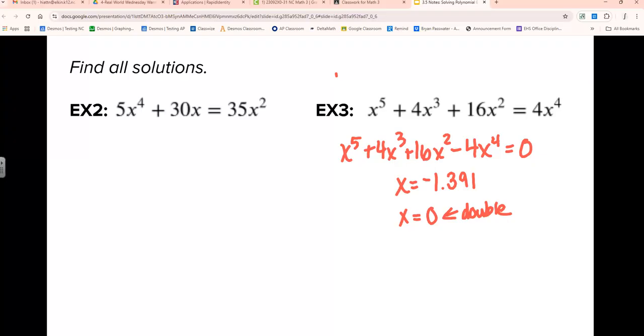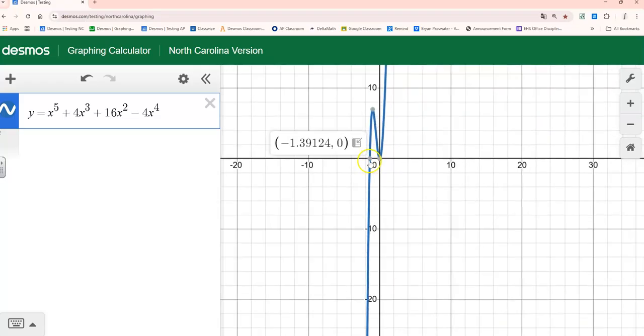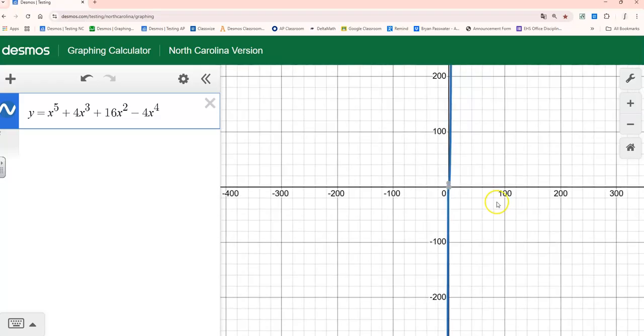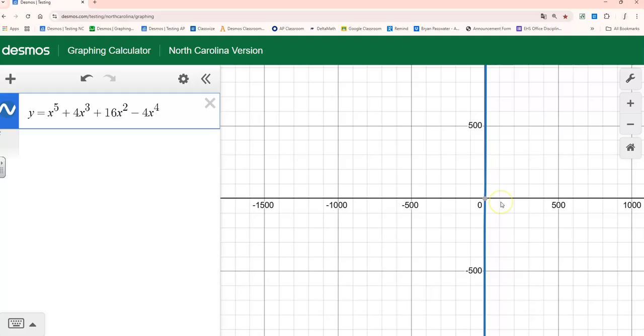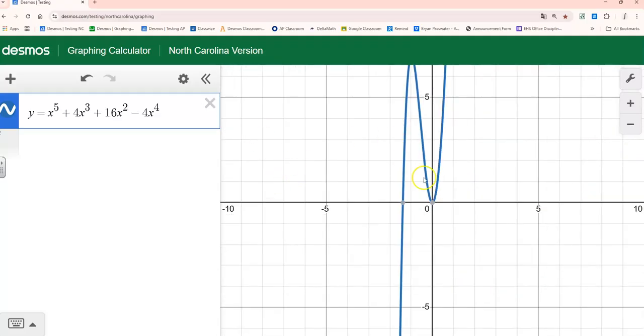How many am I supposed to have? 5. And when you see this happening, you might need to zoom out because maybe it just turns back down, but I'm zooming pretty far out and I'm not seeing anything like that happen, right? So I don't think that's the case.